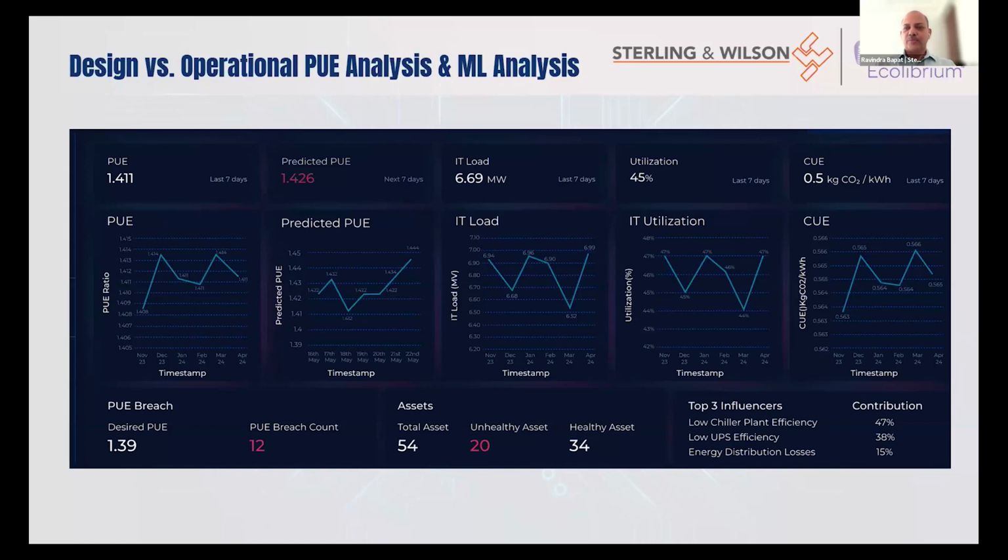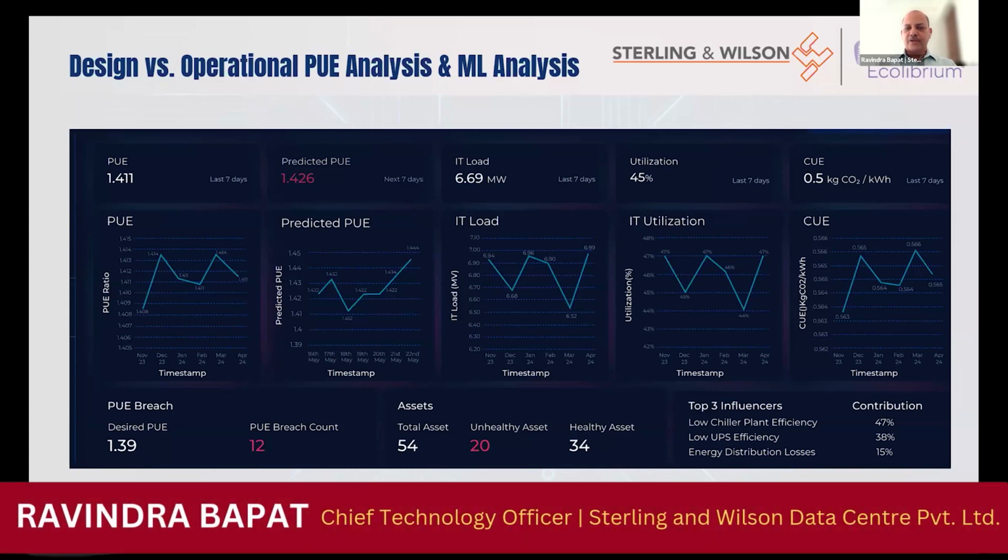So it is telling you that chiller plant efficiency is probably affecting it. And this could be 3, it could be 5, 10. You can program what you want to see. But in this case, we have just taken 3 influencers to give you an idea of what it is showing. So it is pinning down the probable challenges so that you can look at that and take corrective action.